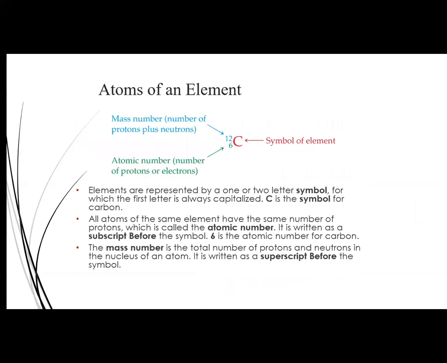Now, when we write them, all elements can be abbreviated with a symbol. So carbon can be rewritten with just a C. All of those elements will have either one letter or two letters. It's really important that you pay attention to uppercase and lowercase, because CO and Co are not equal to each other.